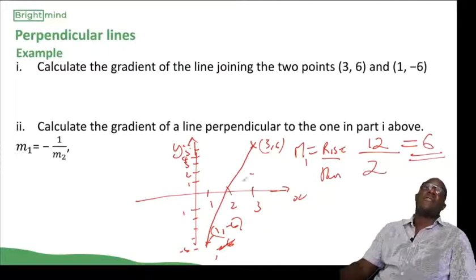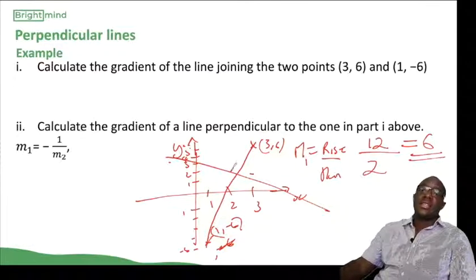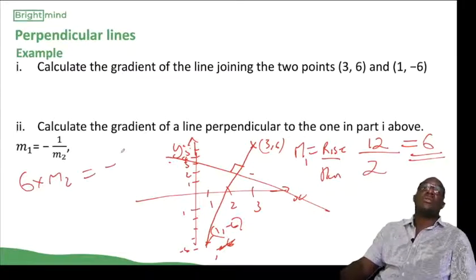So now if the gradient of this line is 6, and we can pretend that there's going to be a perpendicular line, most likely doing that, so that that's a right angle, then we know that 6, which is M1, times M2 must be equal to -1. Therefore, M2 is equal to -1/6.